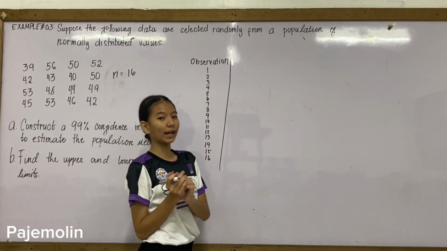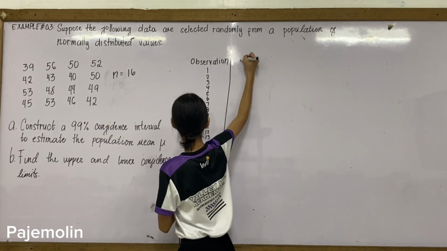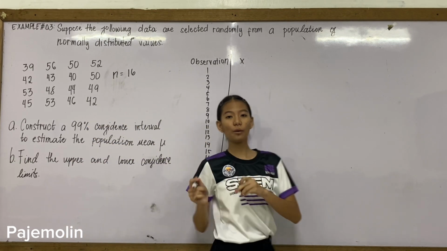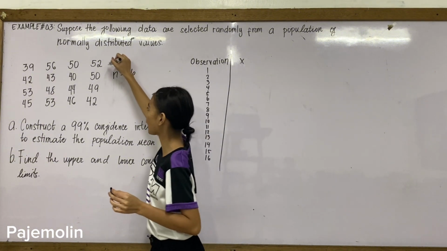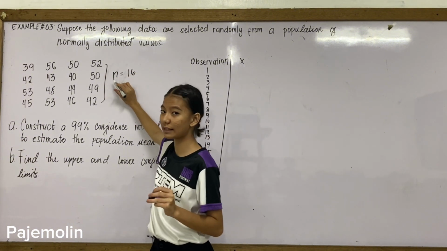Our second column is our x values. So our x values are these samples, and we have to list them.